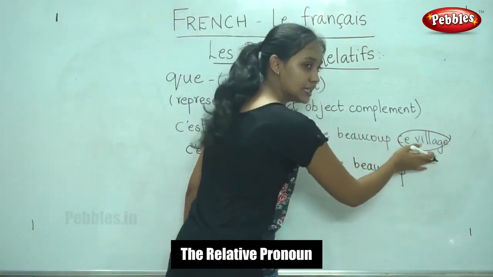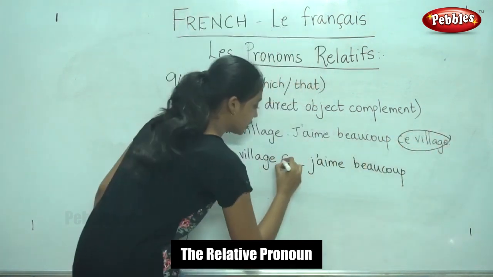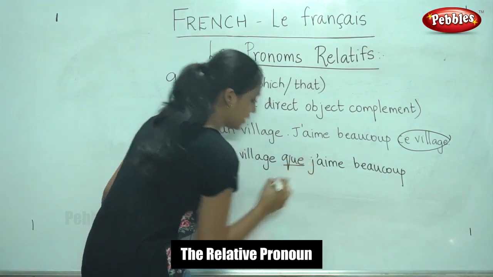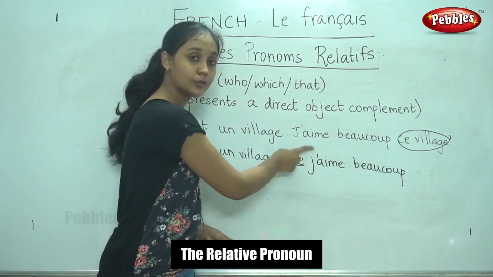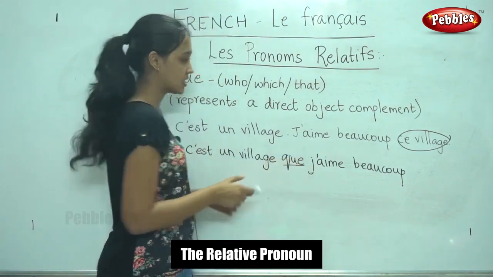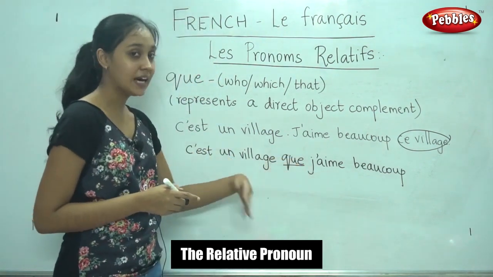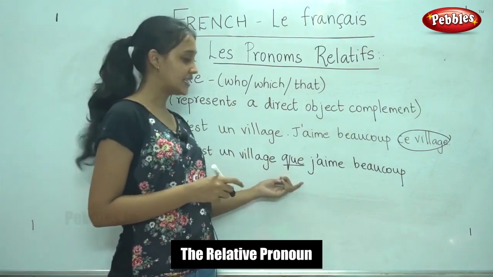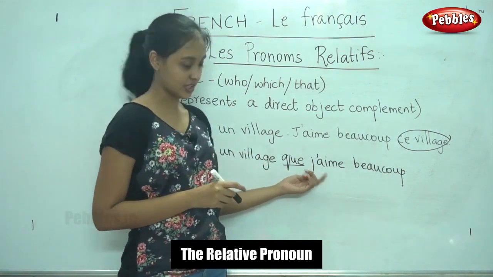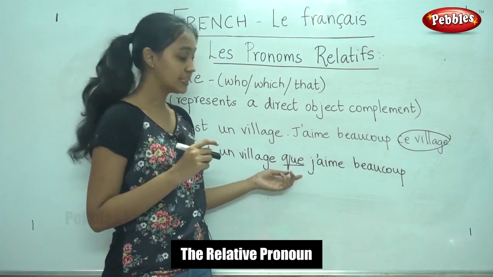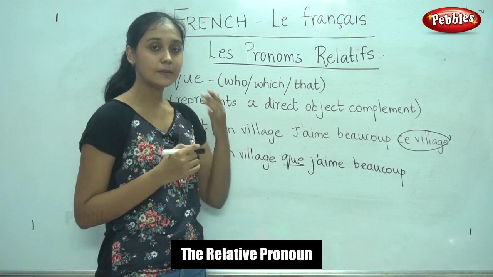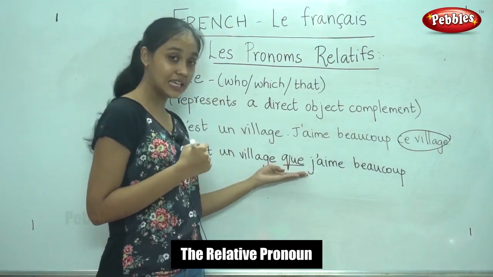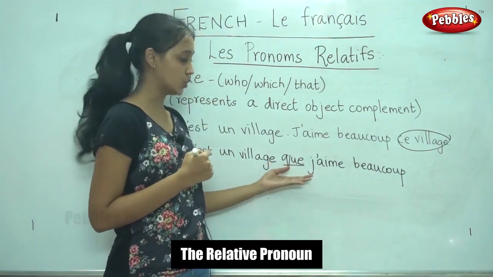Okay, so instead of this word we are using que. If you notice, que is always followed by a subject. Qui is followed by a verb and que is followed by a subject. So you have to take a note of this point because this is going to help us differentiate between places where we must use qui and places where we need to use que.